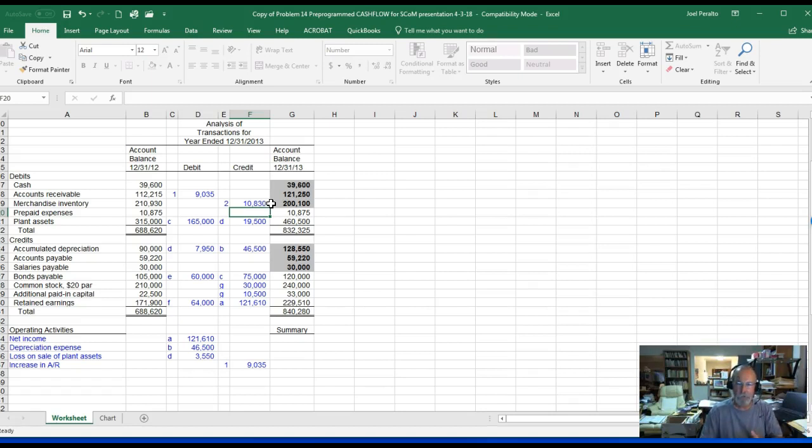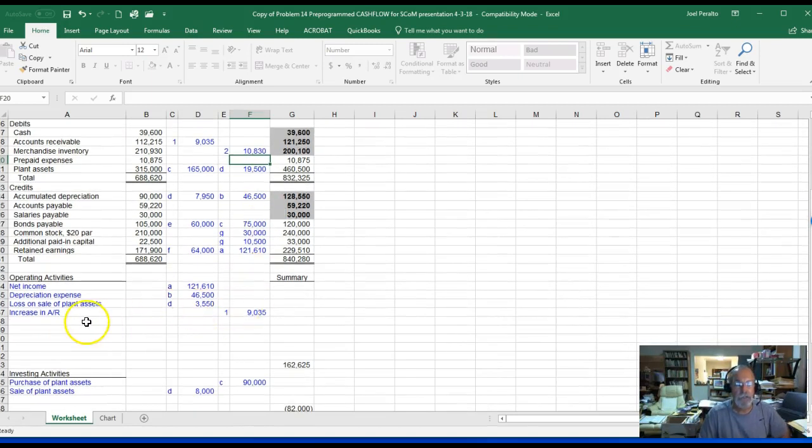We probably sold that merchandise. And so we would show that under operating activities as an increase in cash, 10,830.